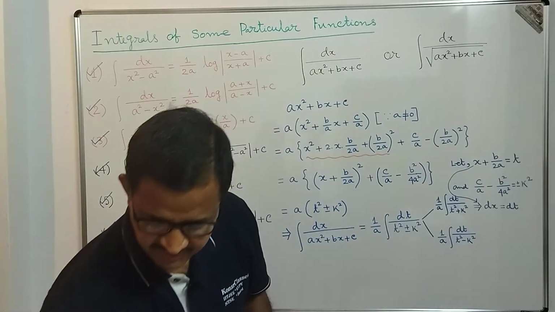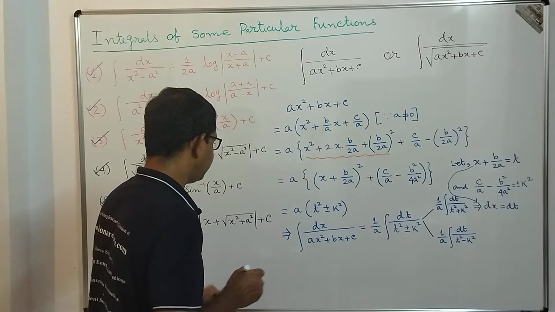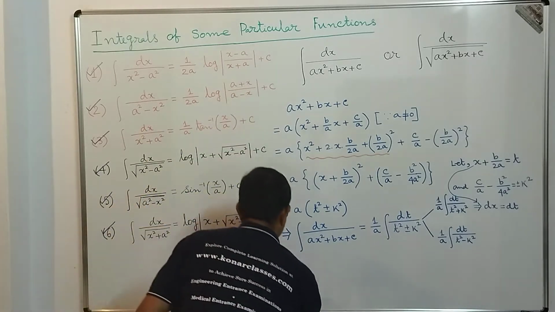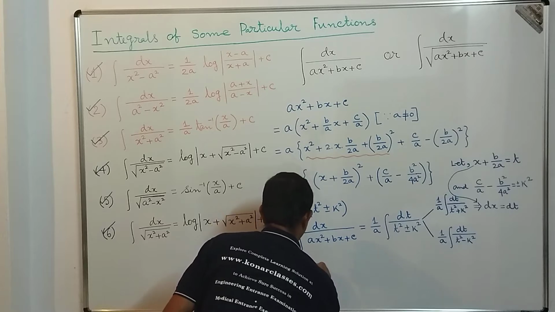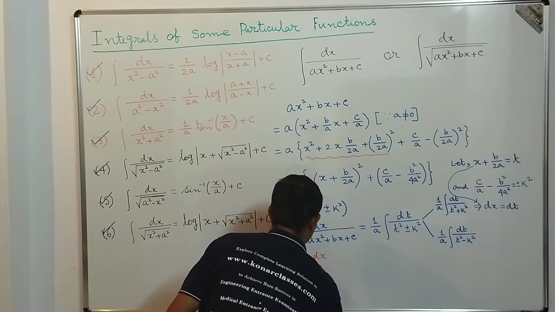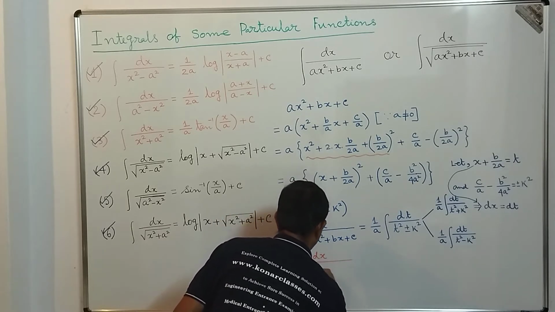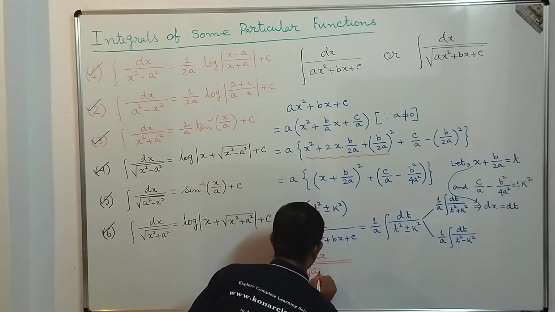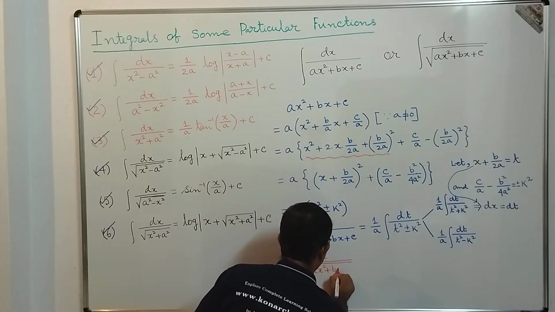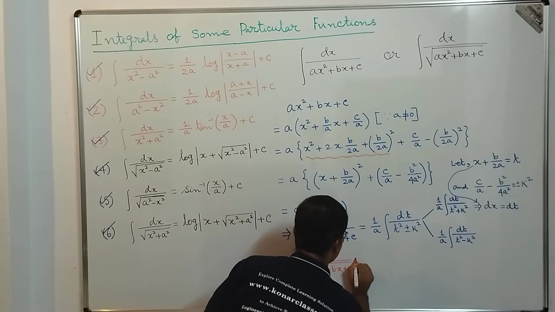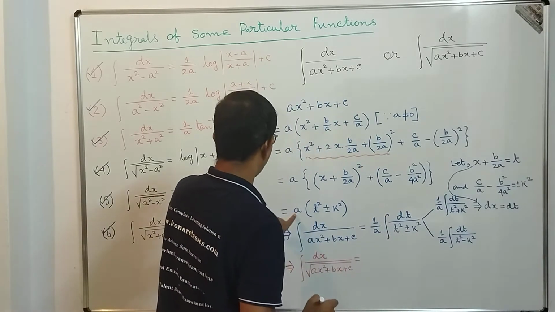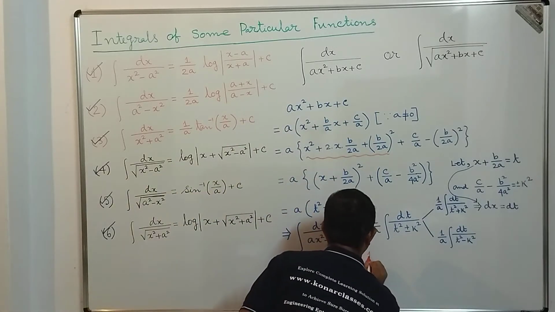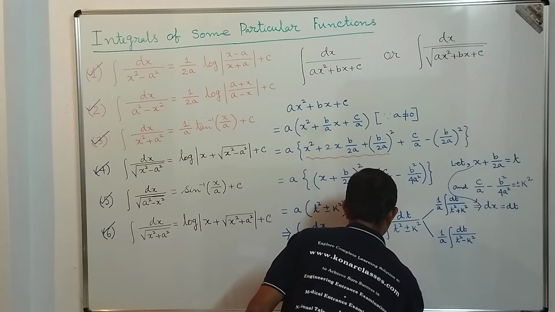So let me use a different color and show you how this integration will be performed. So if you look here, dear students, integration of dx by square root of ax square plus bx plus c should be equal to, as it is a square root, 1 by square root of a into integration.